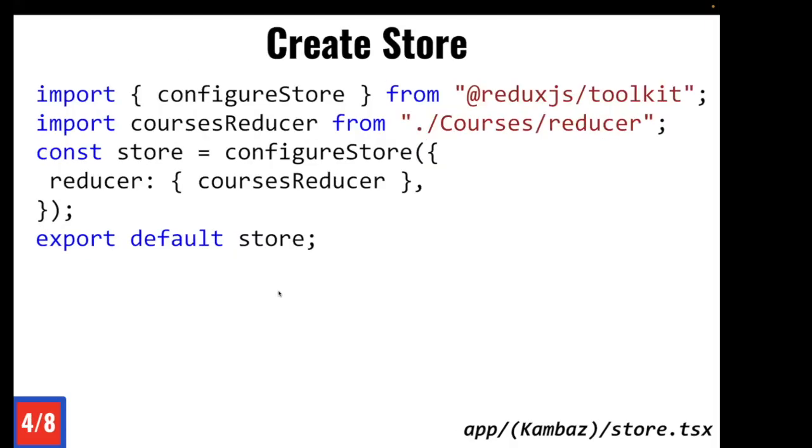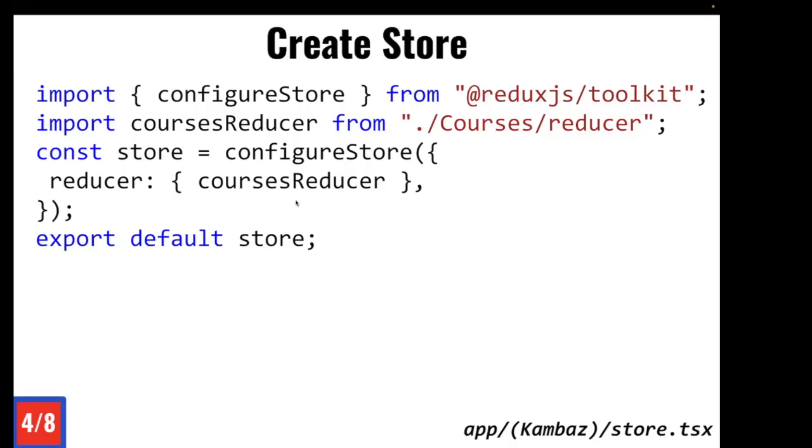We're going to create a store that is used specifically for the Kambaz application. If you remember, we had already created a store, but that was for the lab exercises. Here it's a store only for the Kambaz application. We're going to initialize it with a single reducer, the reducer we just created.